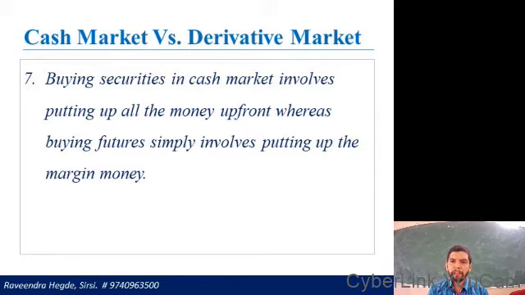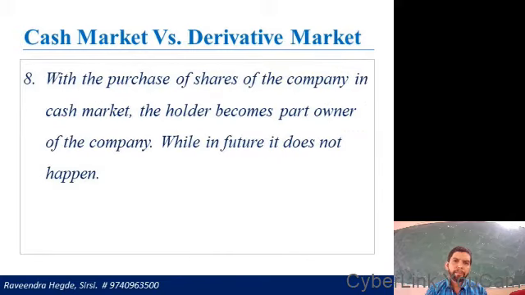No need to make a big investment. You have to pay a small amount, that's called as margin money. And finally, with the purchase of shares of the company in cash market, the holder becomes part owner of the company, while in future it does not happen.